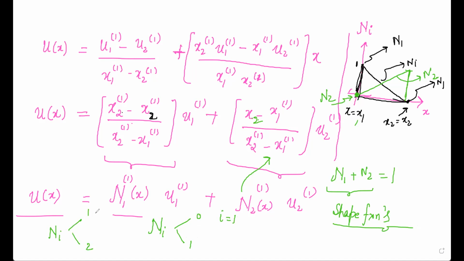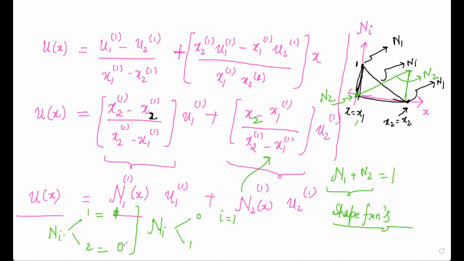So if you have n1, this n1 at I equal to 1 is, sorry, equal to 1. And this n1 at I equal to 2 is equal to 0. Fine. So this is how this ni actually behaves. This ni takes two values: it's either equal to 0 or equal to 1.